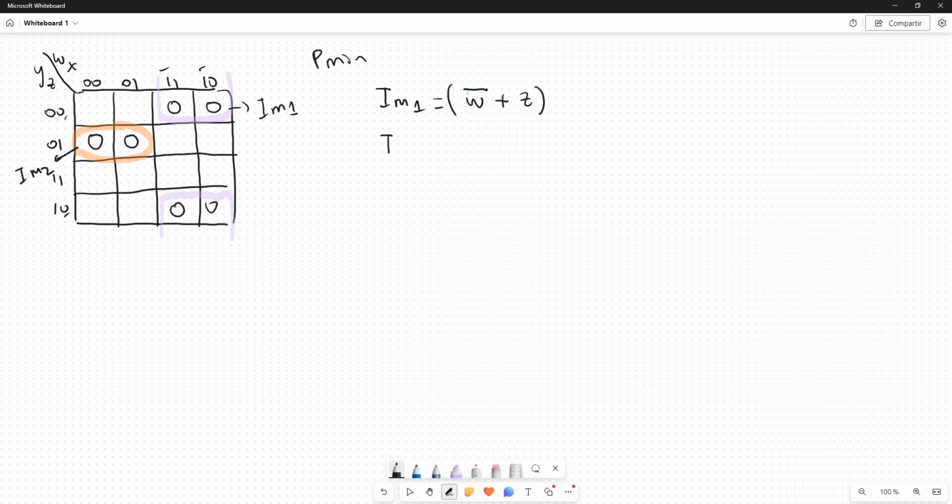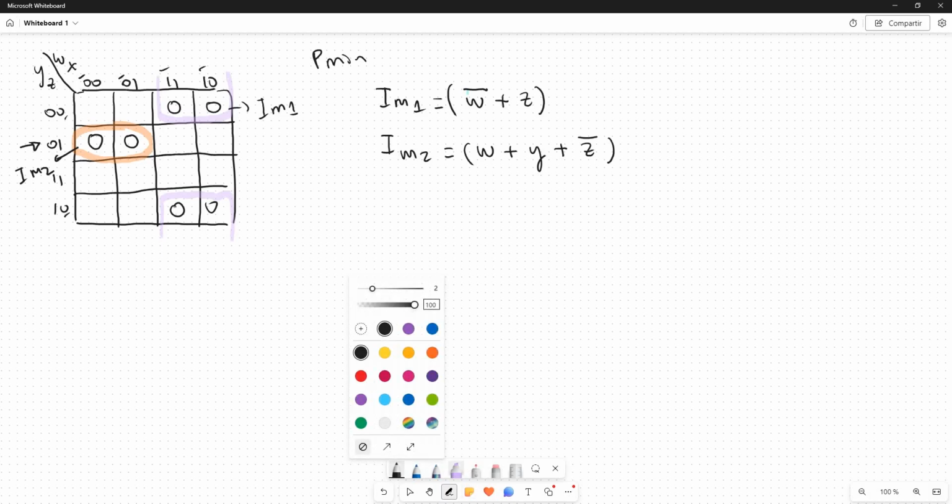That is the sum term of implicate 1. Sum term of implicate 2: now W is the one that doesn't change and is 0, so it's non negated, and here we have the row and we have Y that is 0, so it's non negated, and Z that is 1, so it's negated. So we have these implicates. They are prime implicates.